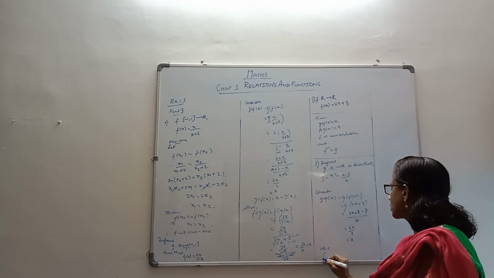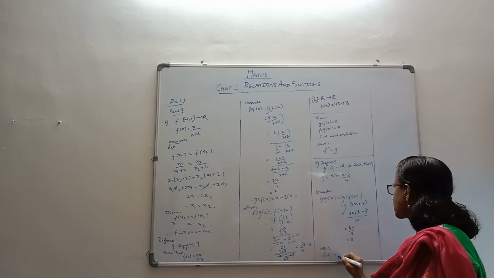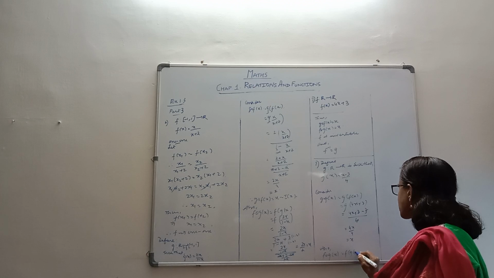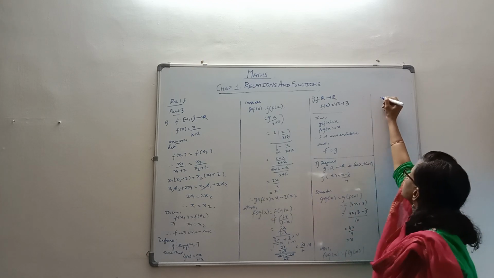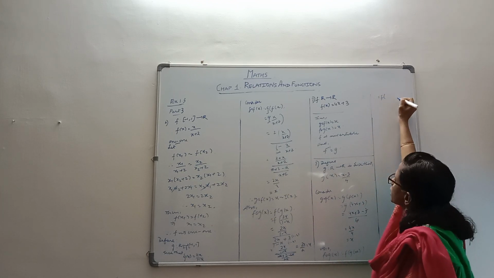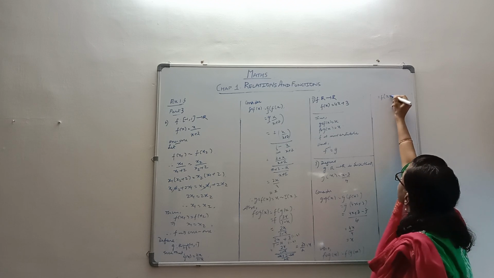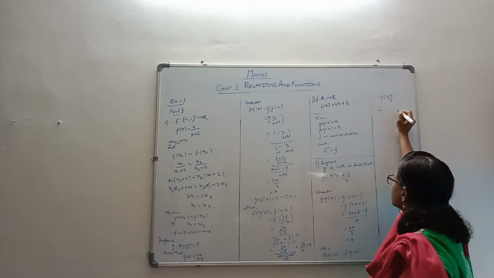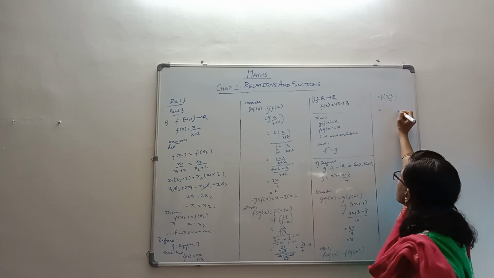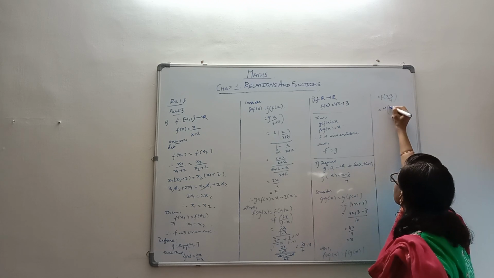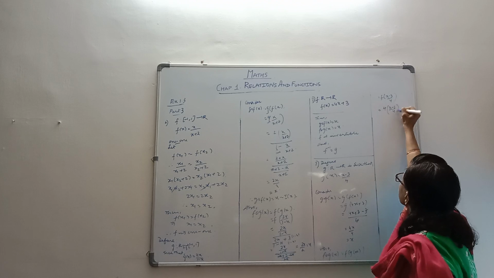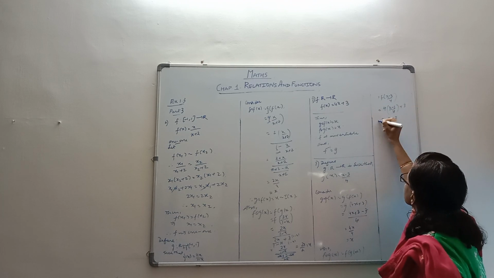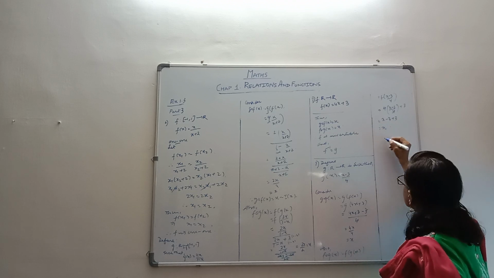Also, f o g at x is f at g at x. That is f at x minus 3 by 4, which is 4 times x minus 3 by 4, plus 3. That gives x minus 3 plus 3, so that is x.